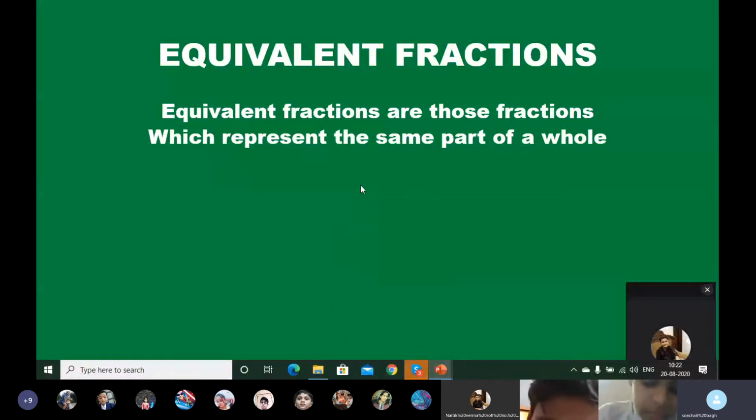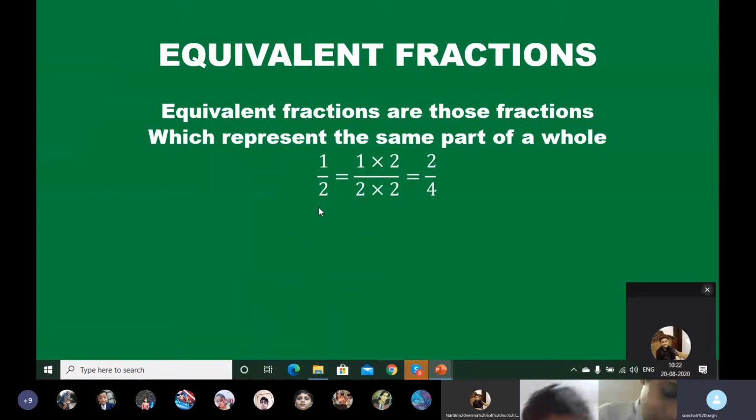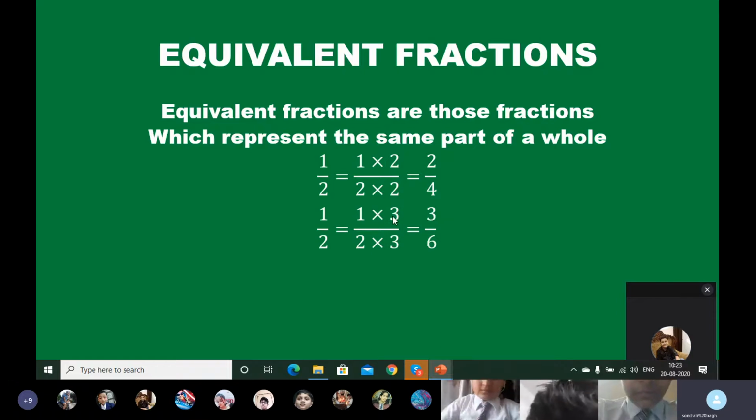Now, let's understand what the statement means. For example, I am taking 1 by 2, and multiplying the numerator and denominator by 2. 1 multiplied by 2 is 2 and 2 multiplied by 2 is 4. 2 by 4. Again, the same 1 by 2 I am multiplying by 3. 1 multiplied by 3 and 2 multiplied by 3 gives 3 by 6.